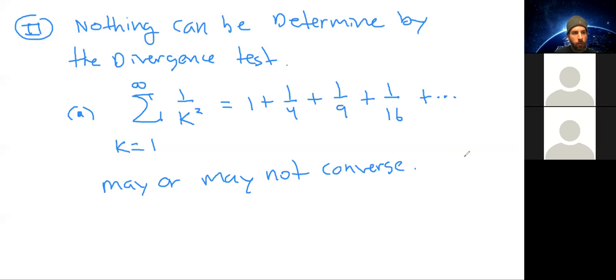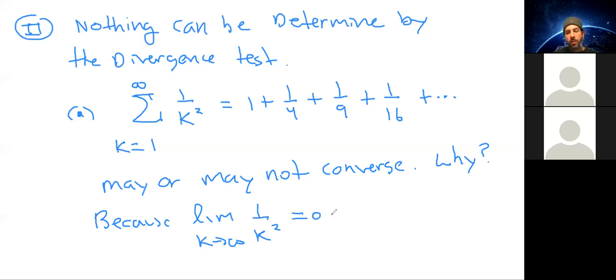Why? Because of this limit. If we look at the terms, they actually go to 0. So the divergence test says if you go to 0, you may or may not converge. We have to investigate further. So I guess this should say nothing can be determined.